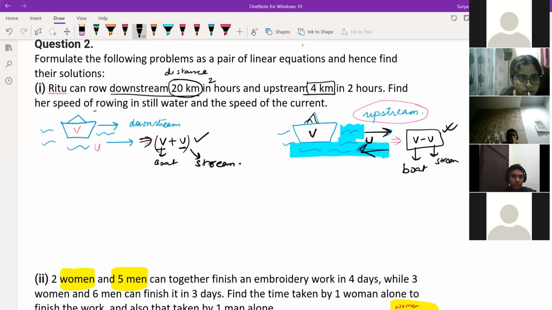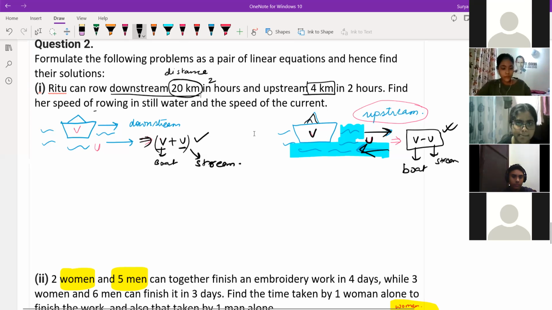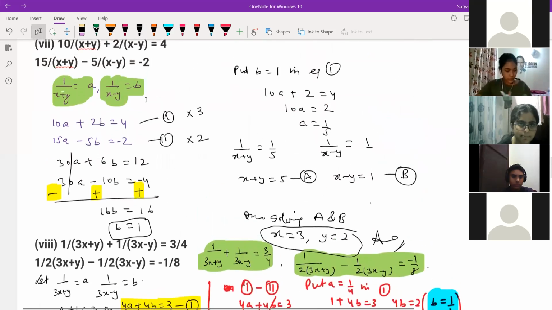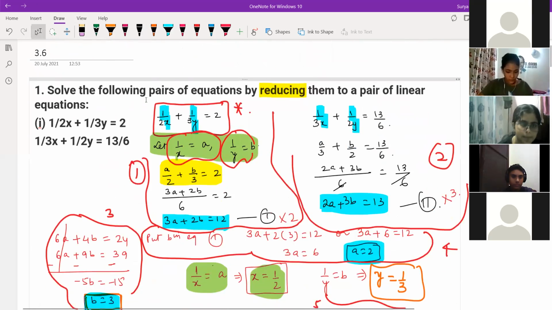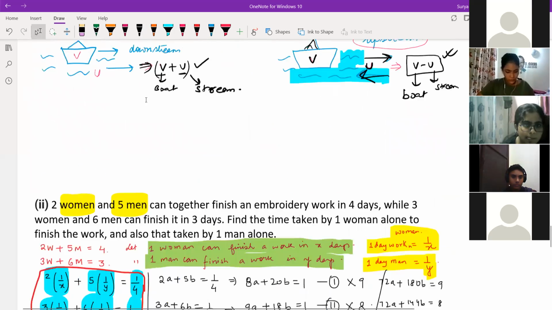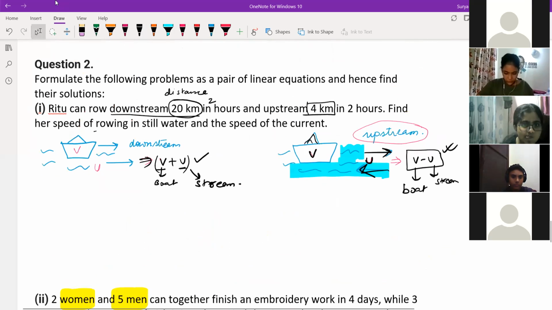Which exercise is this? This is 3.6, NCERT 3.6, question number 2. Check. Yes, sir, 2 hours.